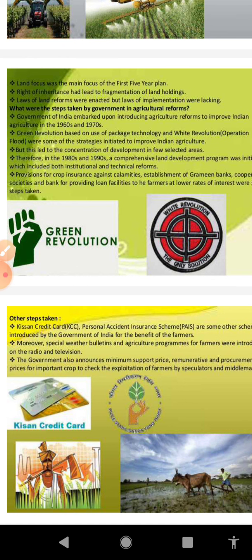Second important point, transport and communication. The technological revolution has also benefited the agriculture sector. Now farmers are able to sell their surplus farm produce in the nearby market and also in distant markets.